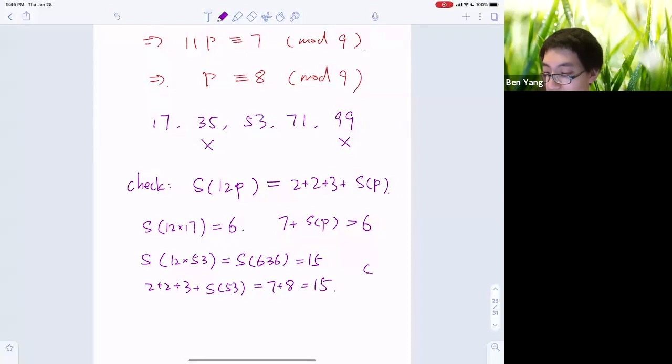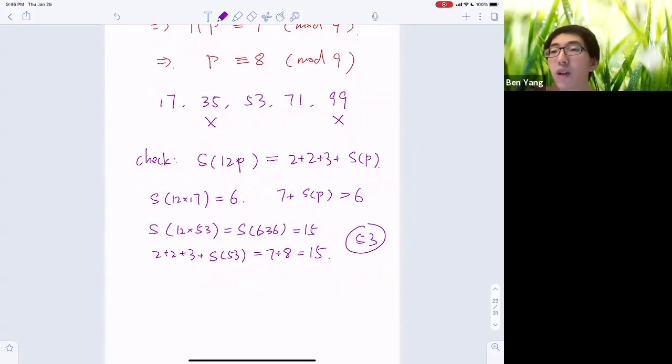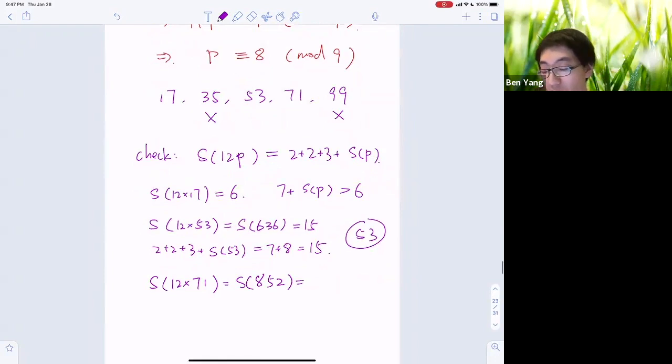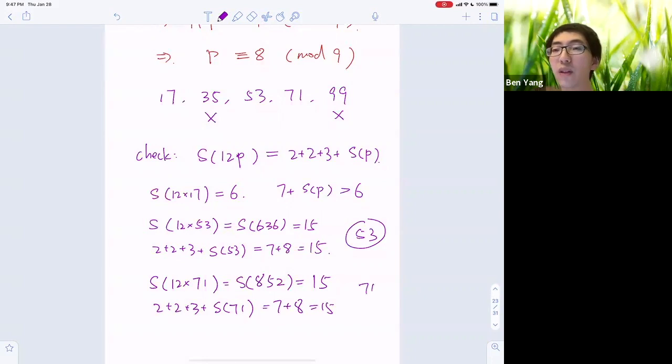So it seems that 53 works. Finally, we need to check 71. S(12 times 71) is S(852), which is also 15. And 2 plus 2 plus 3 plus S(71) is 7 plus 8, which is also 15. So 71 also works here.